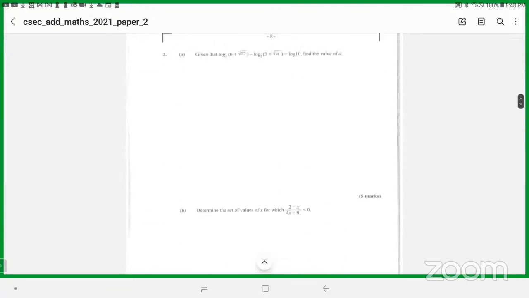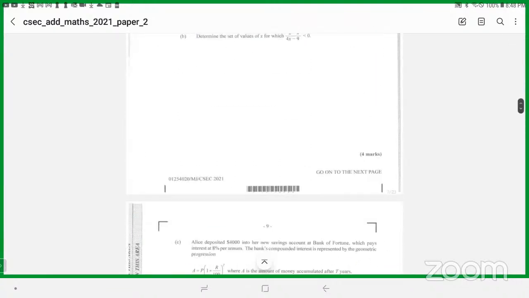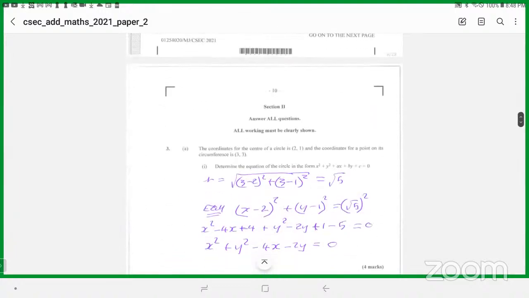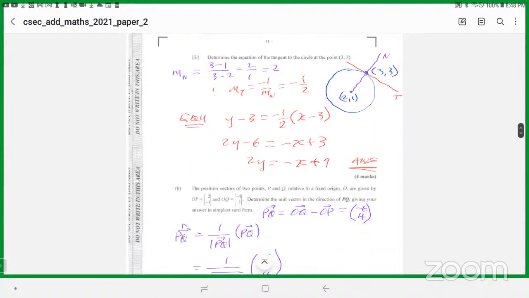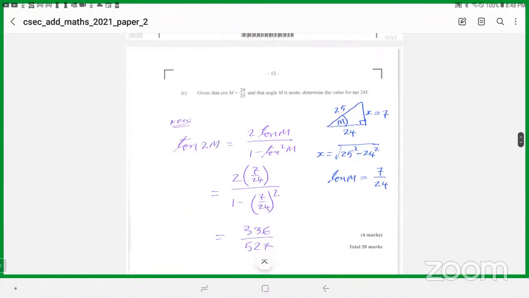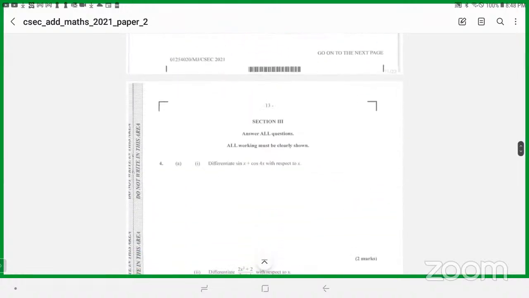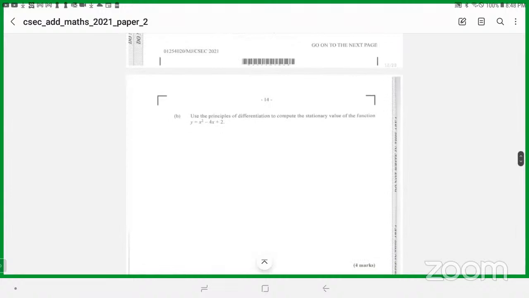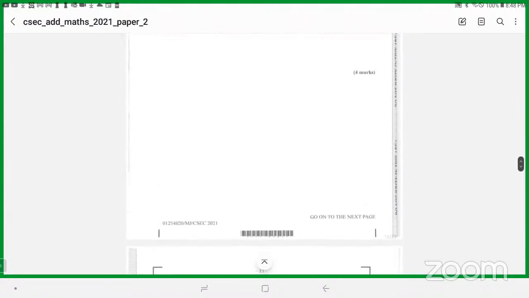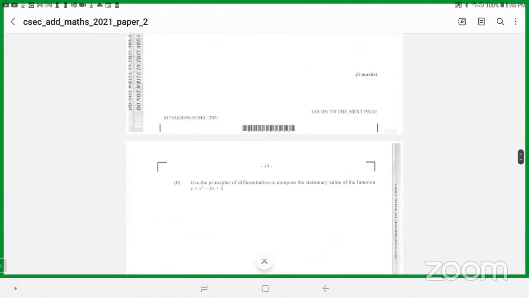There is none in 2021. So this is differentiation. It looks like there's none on 2021. All right, let's go to 2022.